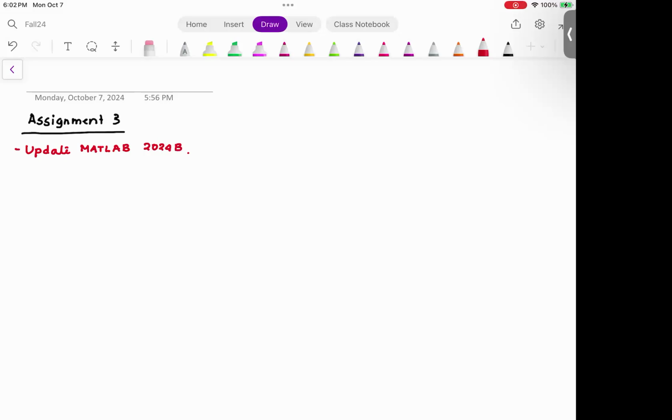Now, if you look at the assignment, I gave you a Fanuc robot. And the Fanuc robot that is inside the MATLAB is not the same robot as the one in the lab. So the Fanuc robot that you have inside MATLAB is 200 IB, right? This is inside MATLAB.